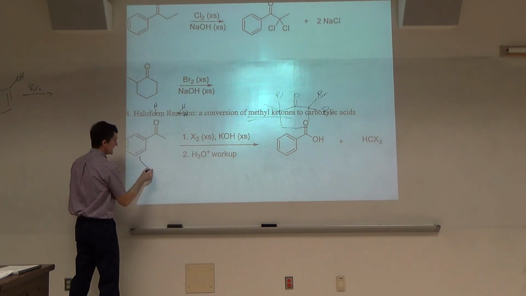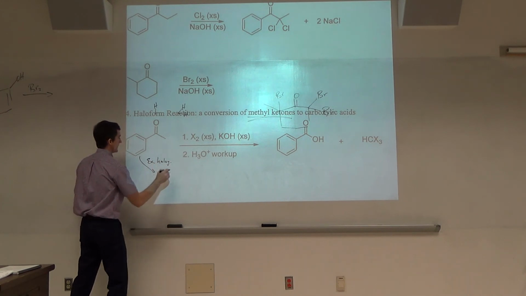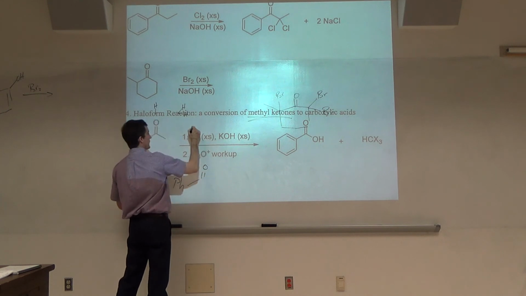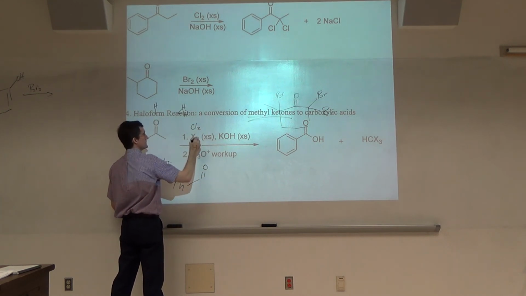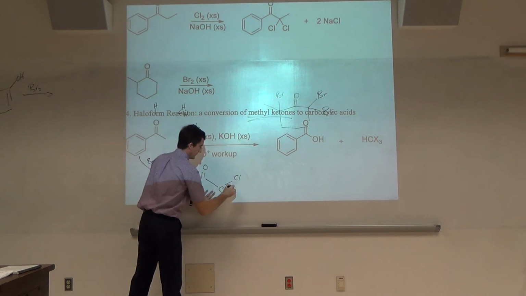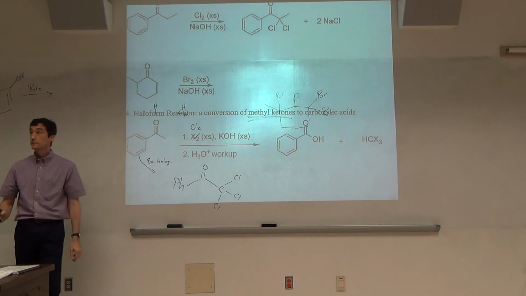The first thing is exhaustive halogenation. And what does that give? What do you want to call this? Chlorine? That would give what? A carbon with 3 chlorines, right?